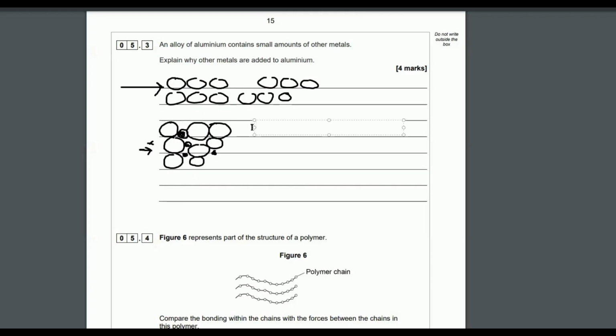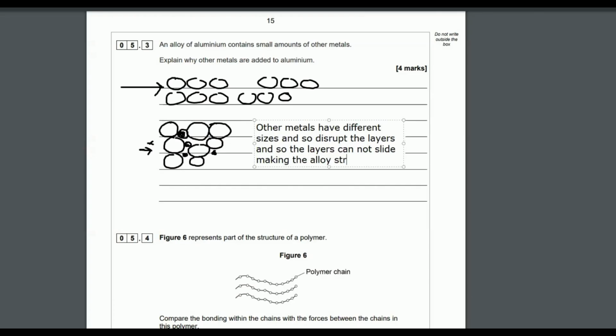So what we want to do is say other metals have different sizes and so disrupt the layers, and so the layers cannot slide, making the alloy stronger.